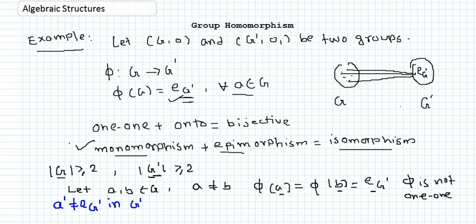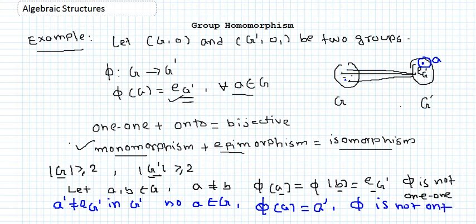But there is no element A in G such that phi of A is mapped to the element A'. So phi is not onto, so phi is a homomorphism but not onto, hence not an epimorphism. So it is neither a monomorphism nor an epimorphism, so it cannot be an isomorphism.